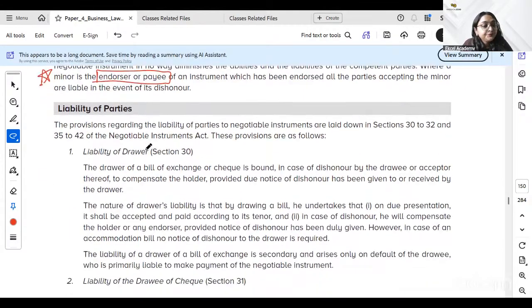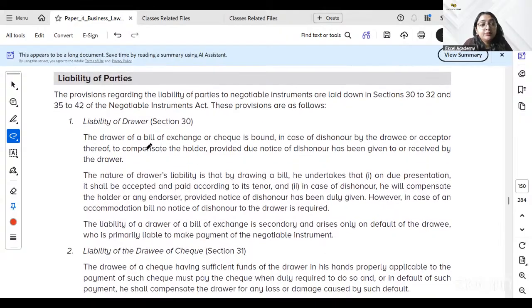Now we understood the different liabilities of the parties. Now you have the liability of the drawer. The drawer of a bill of exchange, in case of dishonor, is liable to compensate whom? The holder, or the payee. The nature of the drawer's liability is that by drawing a bill he undertakes that on due presentation it will be accepted and paid. In case of dishonor he will compensate the holder.